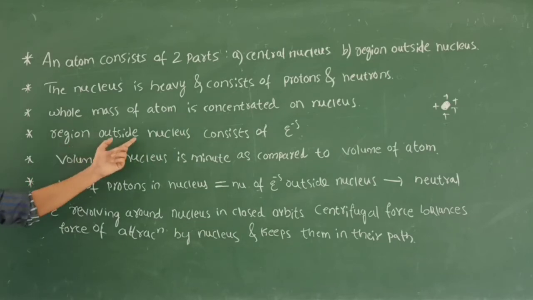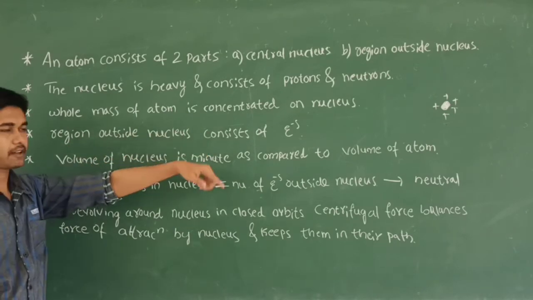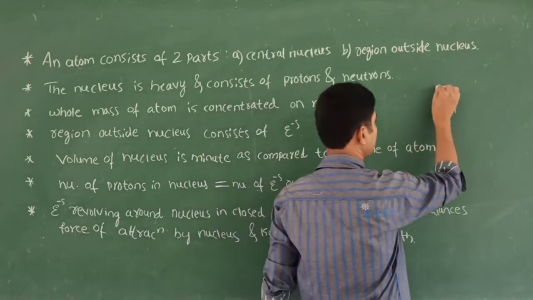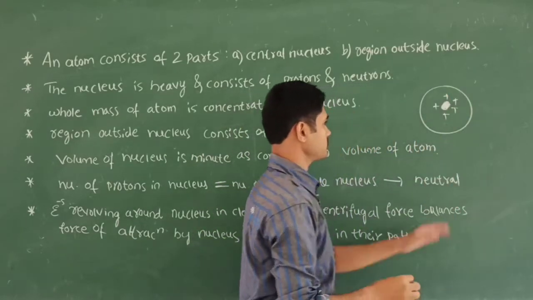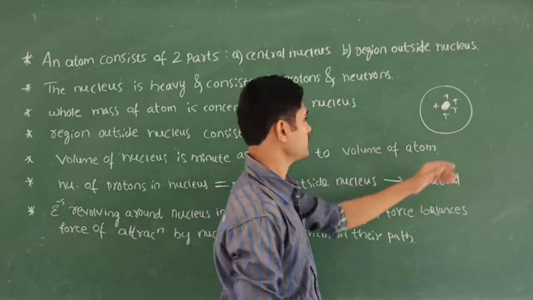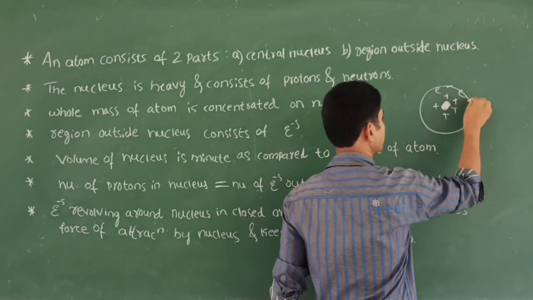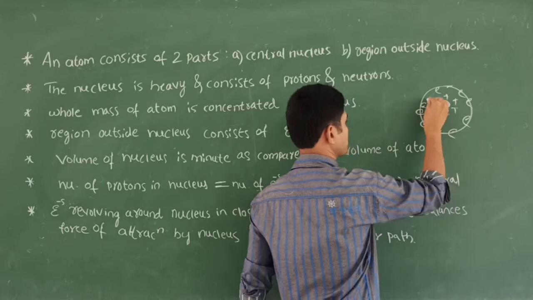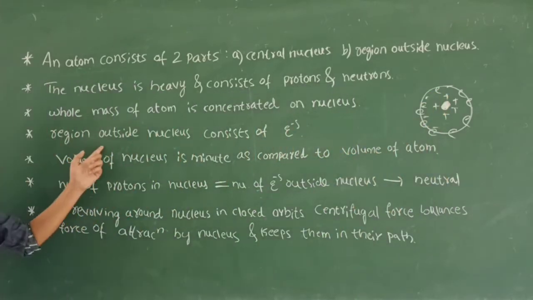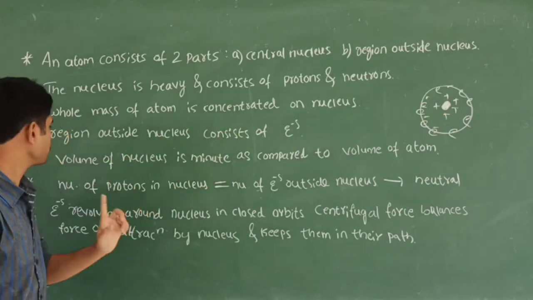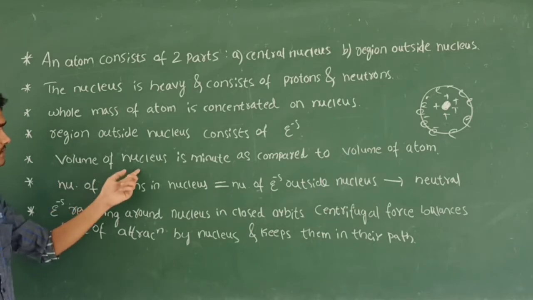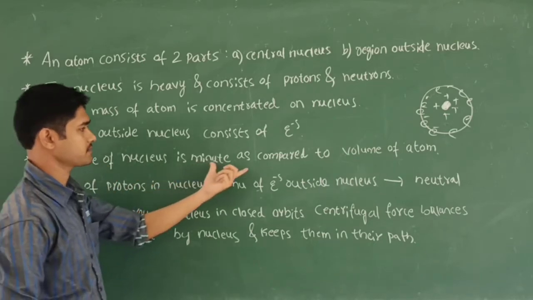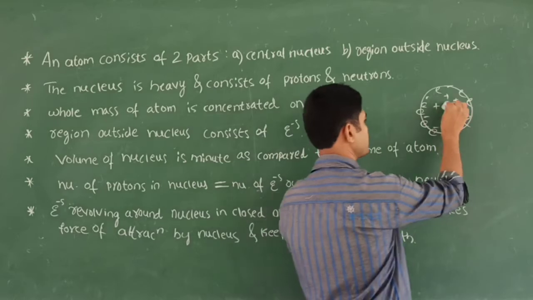The region outside the nucleus consists of the electrons. As you know, in the region outside the nucleus, the electrons will be revolving, right? So these are the electrons. The region outside the nucleus consists of the electrons, and the volume of the nucleus is very minute compared to the volume of the atom. I told that.